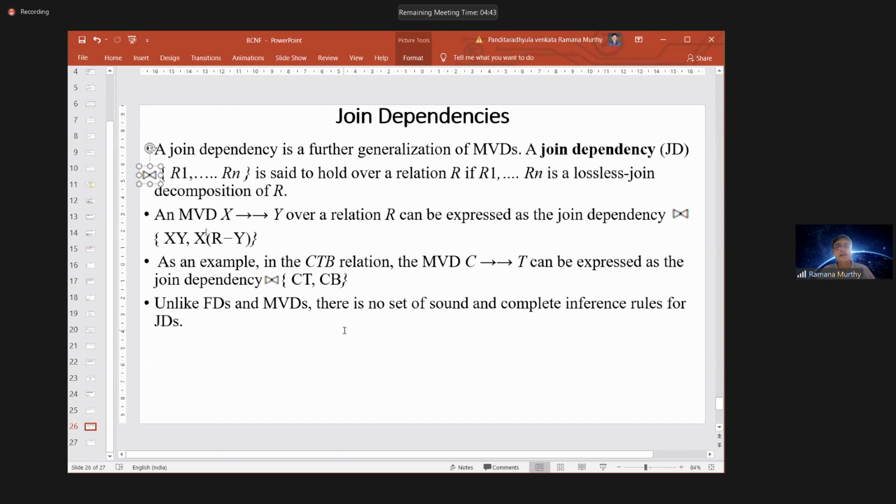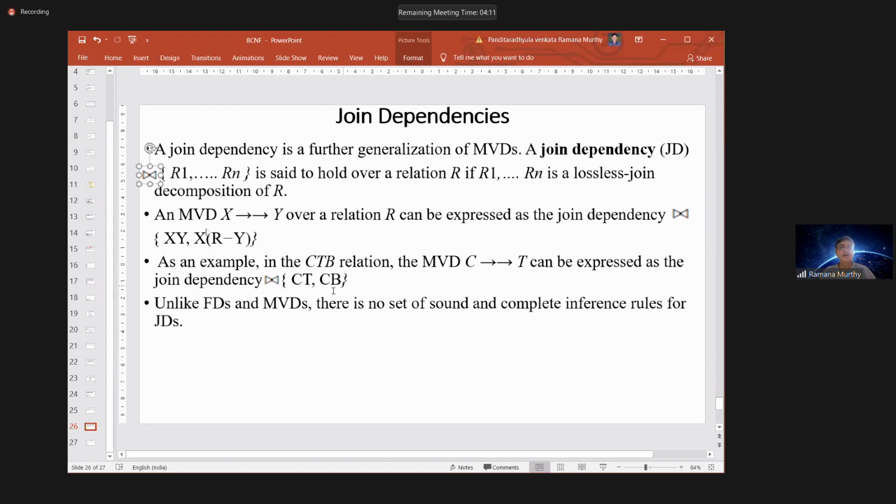What happens if you are not getting our original CTB table? Then automatically it leads to a lossy join. So the join dependency is saying that when you divide the CTB table into CT and BT tables, we need to check back.